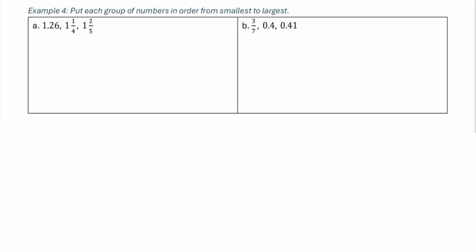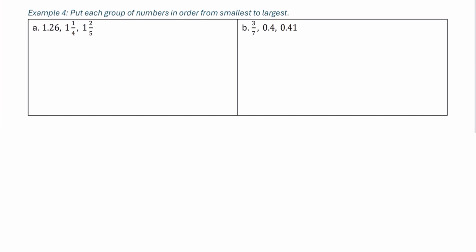In these examples, we want to order the numbers from smallest to largest. In order to put these numbers in order, let's convert all of them to decimals. The first one's already a decimal. Let's focus on 1 and 1/4. Looking at the fraction part, we have 1 divided by 4. We'll add a decimal. 4 goes into 10 2 times. 2 times 4 is 8.